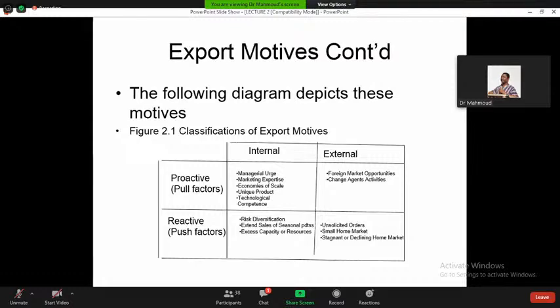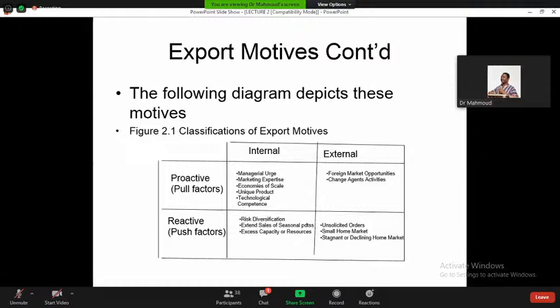Now, let's look at these metrics. We have tried to put in the internal as well as the external drivers. And then we have also categorized it in the vertical axis, the proactive factors as well as reactive factors.